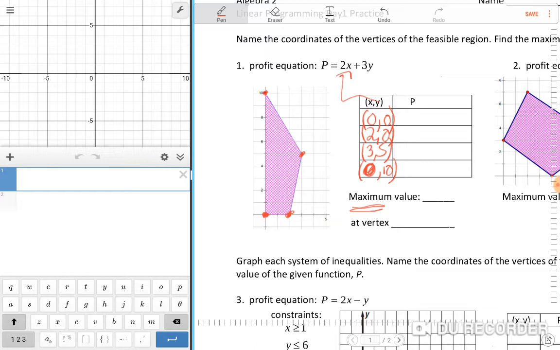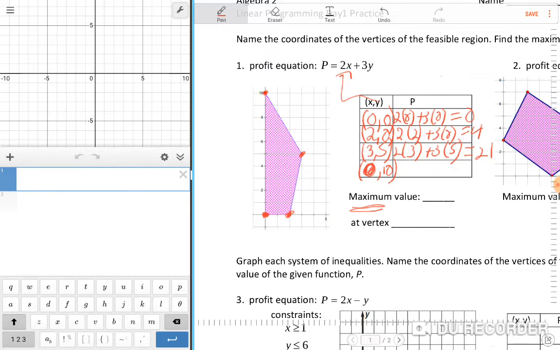So if I plug in first a 0 for x and a 0 for y, I get 2 times 0 plus 3 times 0, which just ends up giving me 0. If I plug in a 2 for x, so 2 times 2 plus 3 times 0, I end up getting 4. If I plug in a 3 for x and a 5 for y, 2 times 3 is 6 plus 15 is 21.